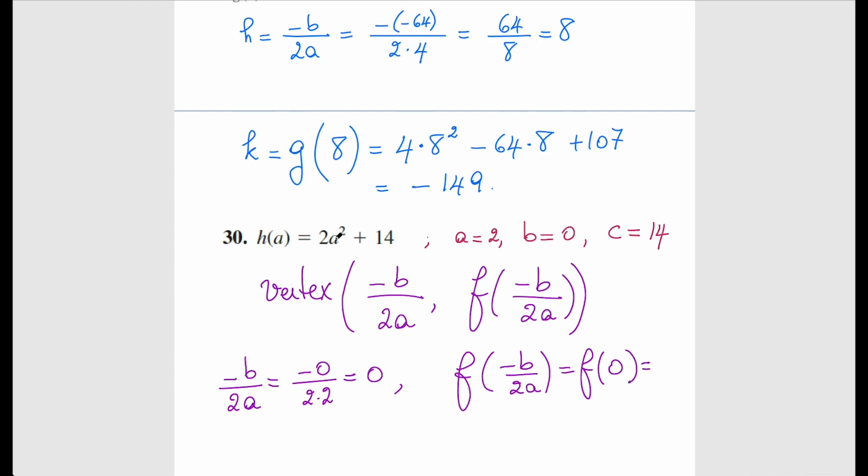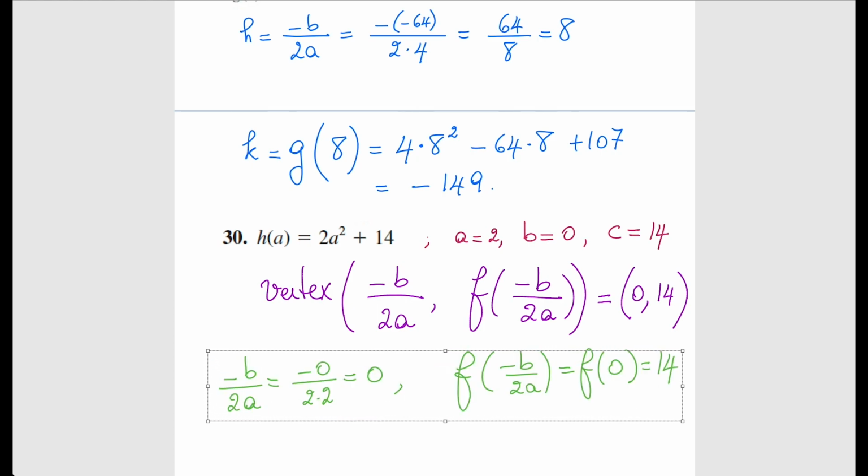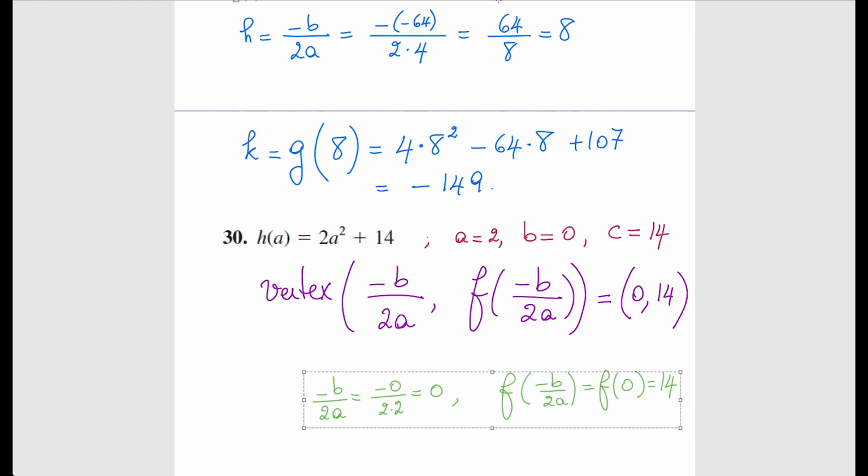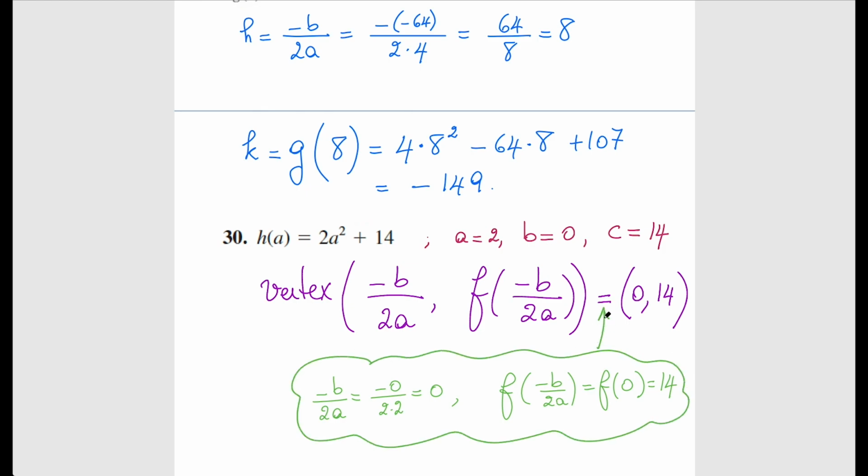If you replace a by 0, you get 14. Correct? So who's the vertex then? The vertex is 0, 14. And the explanation is right in this color green. Okay? So the explanation is in this bubble. The green bubble. Make sense? So the vertex is 0, 14 because of this explanation.